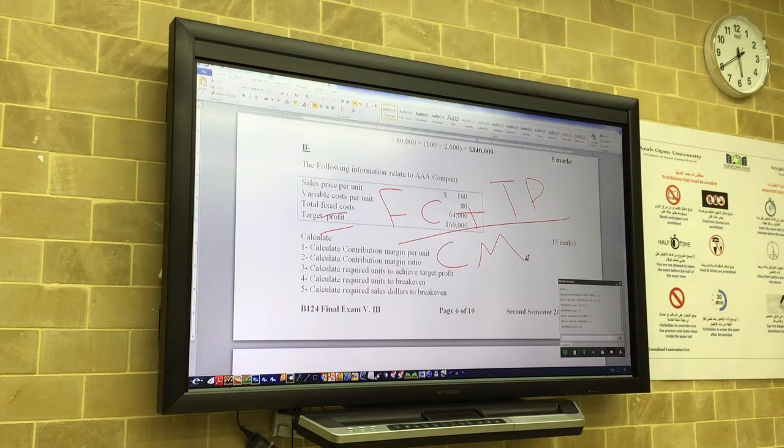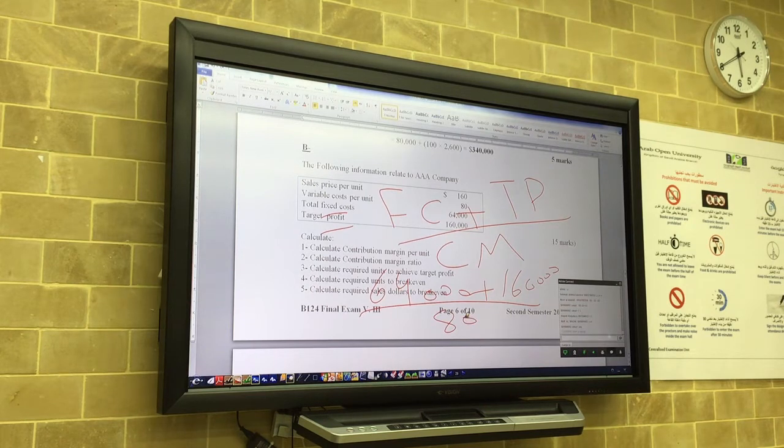The fixed cost given is 64,000 plus the target profit 160,000, divided by the contribution margin of 80.